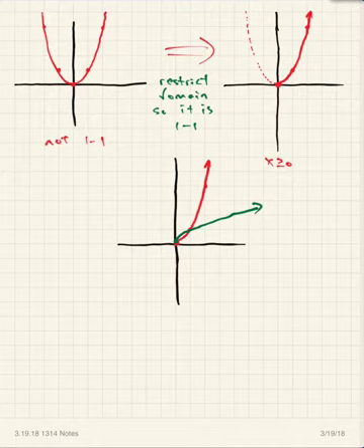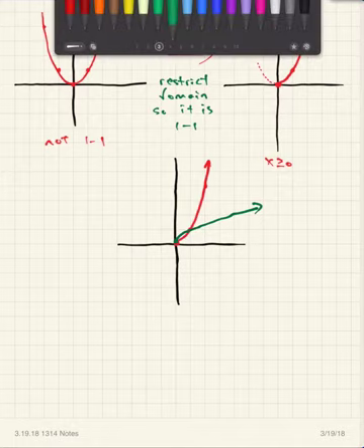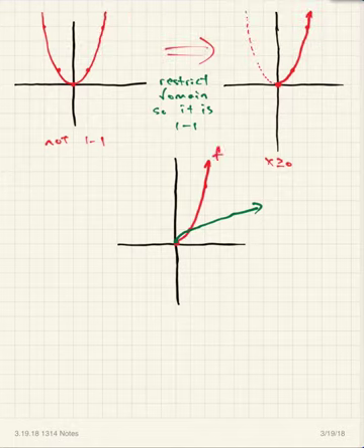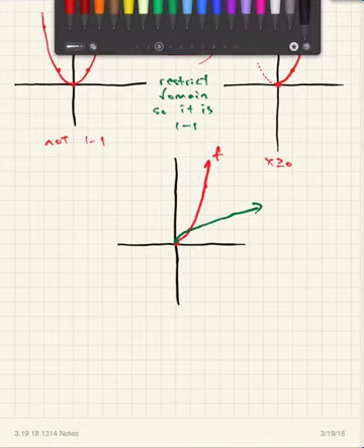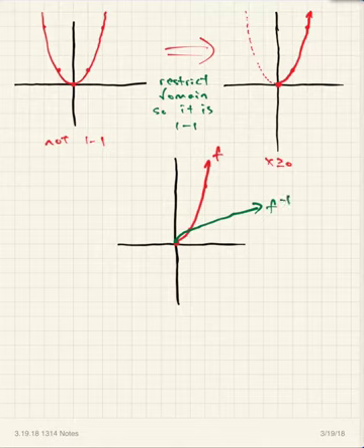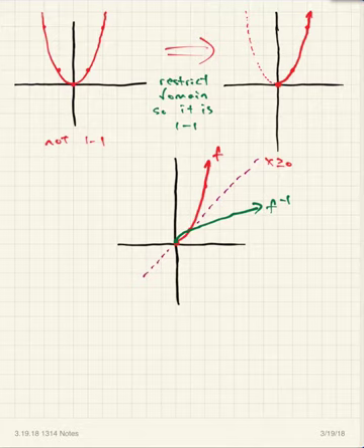So this would be the graph of f right here, and then the graph of f inverse would be this other one in green right here. And they do have symmetry around the line y equals x, notice. If we draw this line in here, we do have symmetry around that line, and both of them actually pass the vertical line test. So these are both functions.